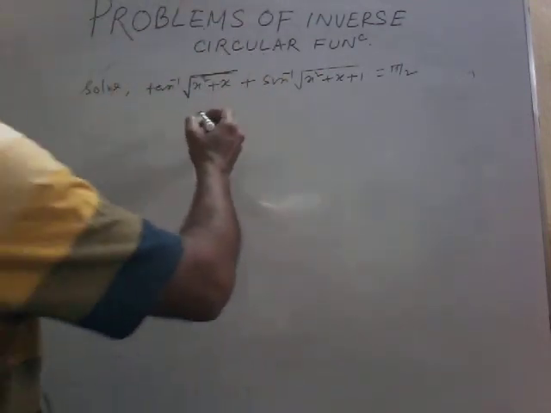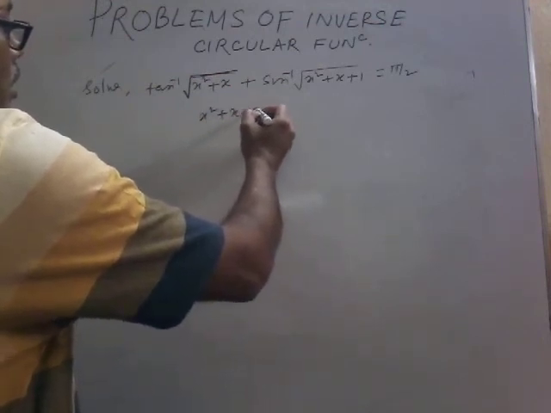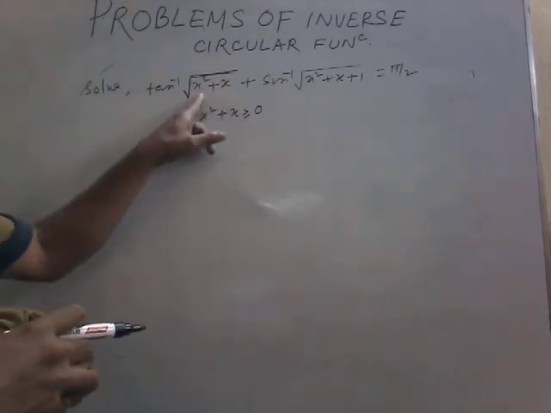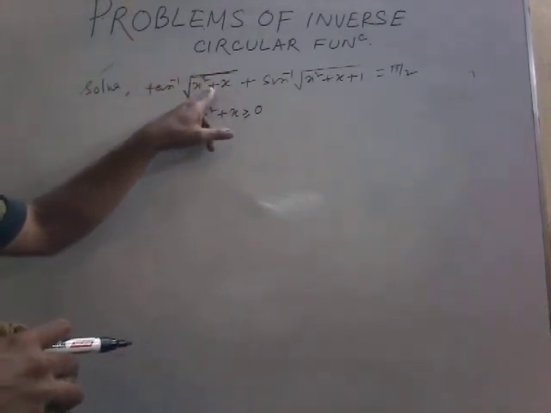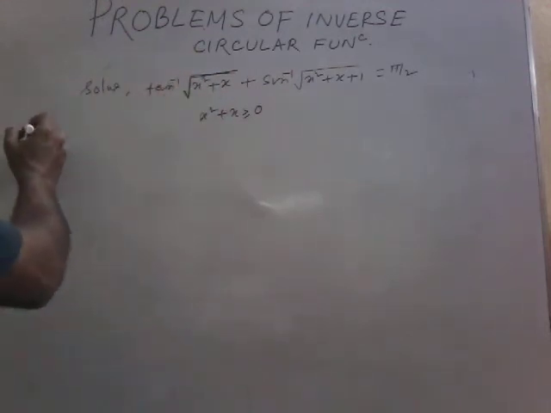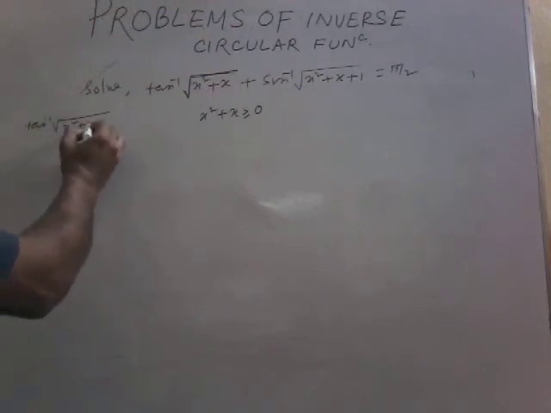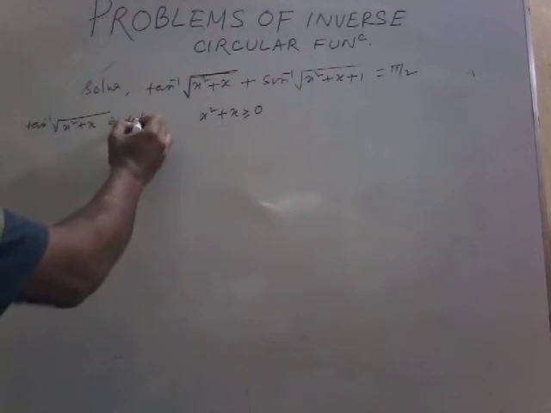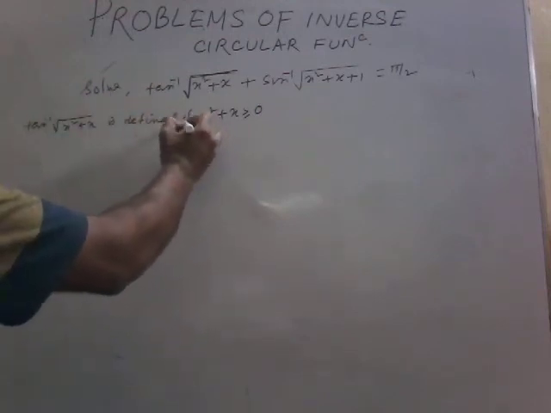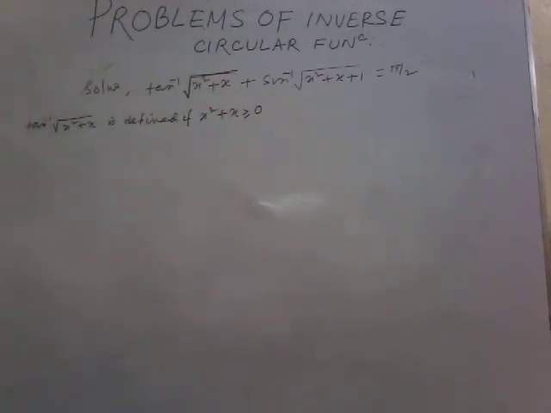So what you are getting here is x square plus x greater than or equal to 0, because root over this, if it is negative, is undefined. So tan inverse is defined when root over (x square plus x) is defined. Also, x square plus x plus 1.